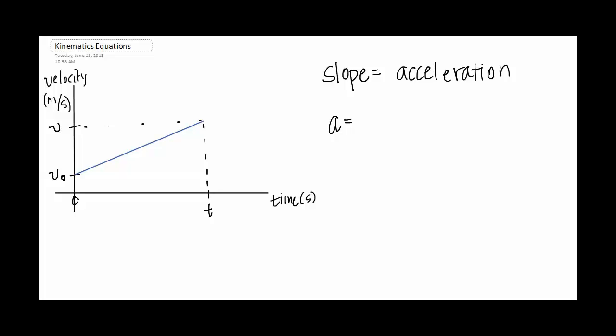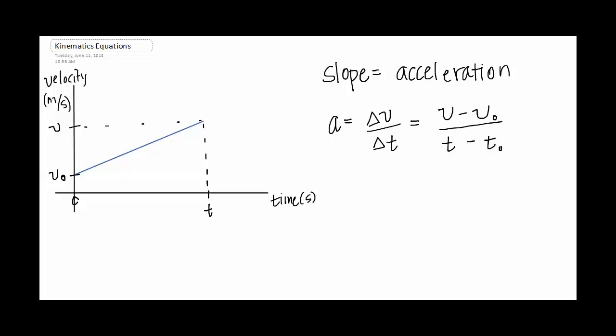Okay, so the acceleration would be the change in velocity over change in time, and our change in velocity would be v minus v naught, and our change in time is t minus t naught. In our case that's 0, but t minus t naught. Okay, so we can come up with the acceleration there pretty easily.